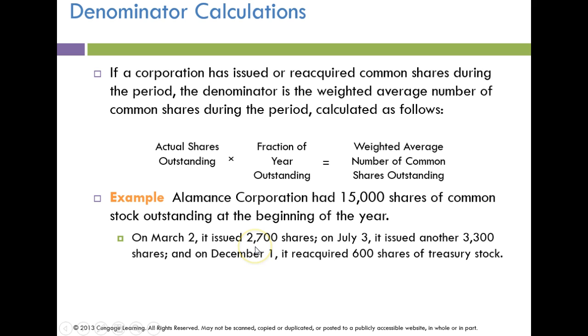So the way you do a weighted average is 15,000 shares are for the whole year, aren't they? This 2,700 shares started in March are actually times 10 months. Then in July, they issued another 3,300 shares. They were in existence for how many months? 6. And then on December 1st, it acquired 600 shares, so that's a subtraction.